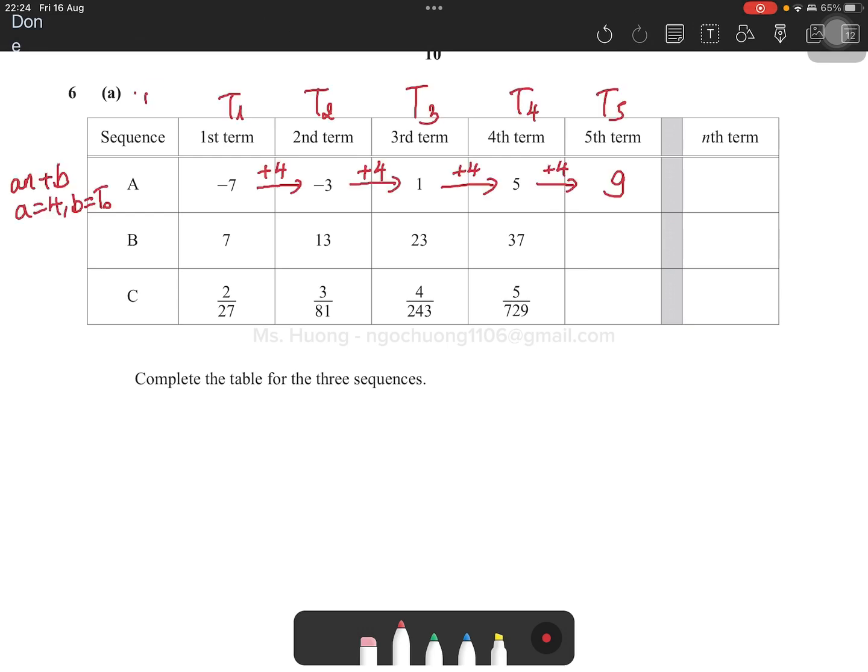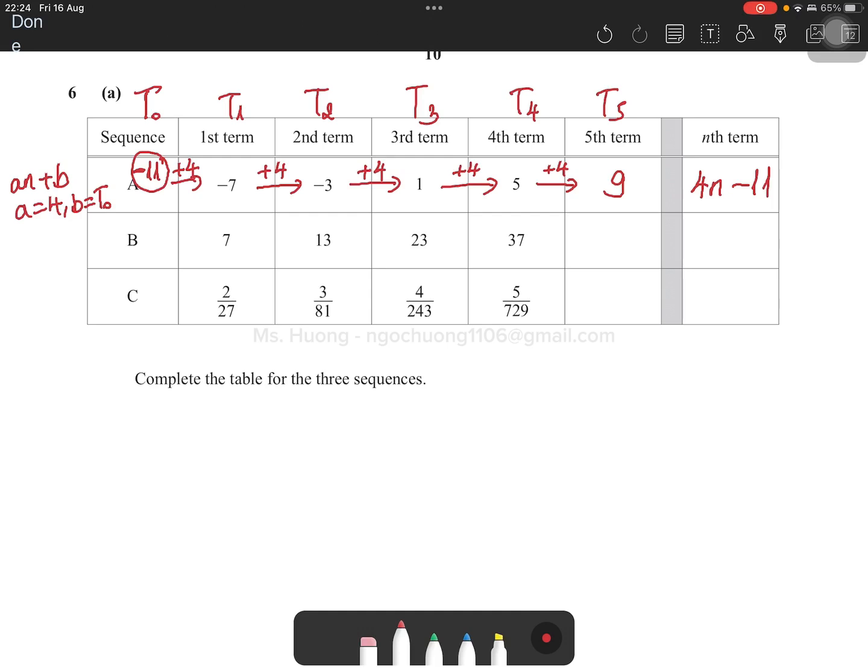So t0 means which number plus 4 equals 7. That number is negative 11. So B is t0, which is negative 11. And A is 4, so the answer is 4n minus 11.